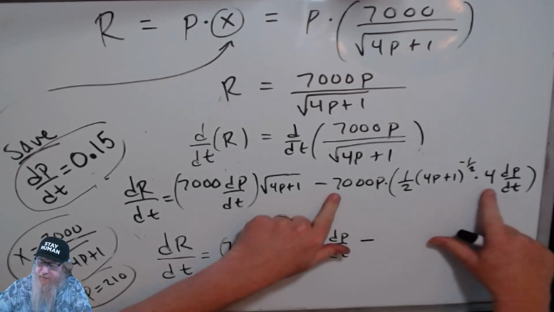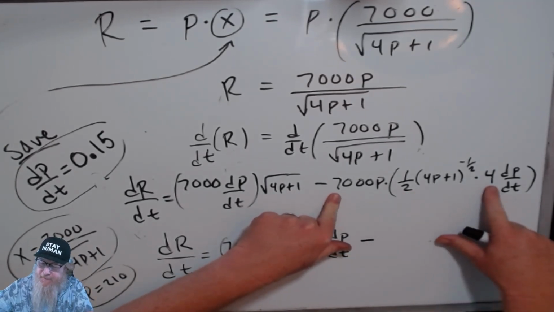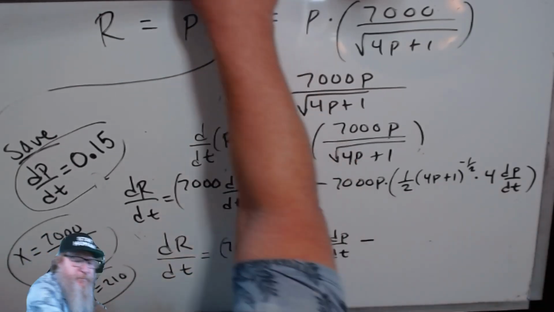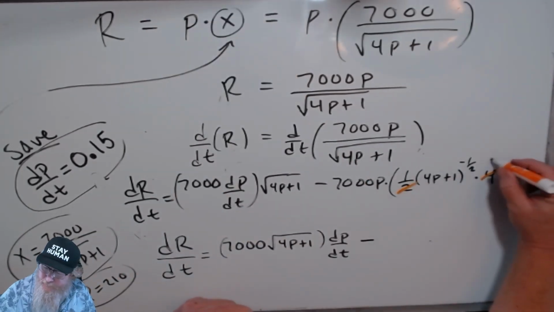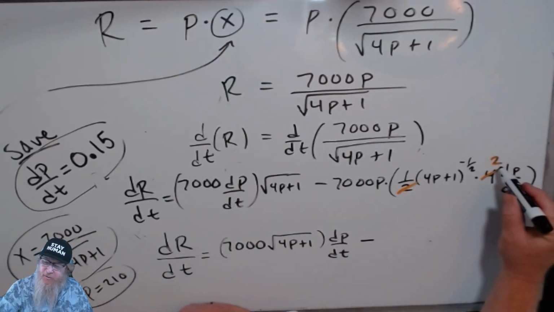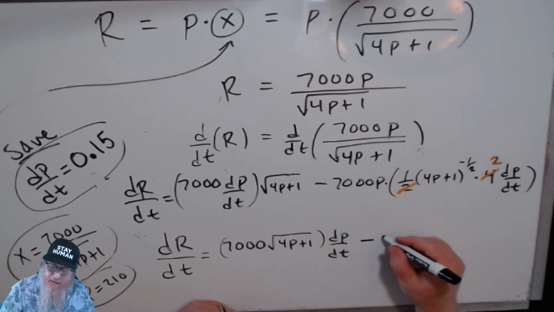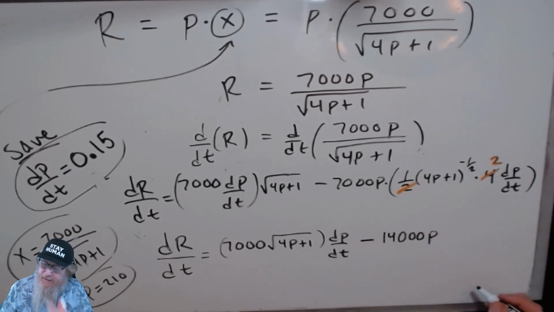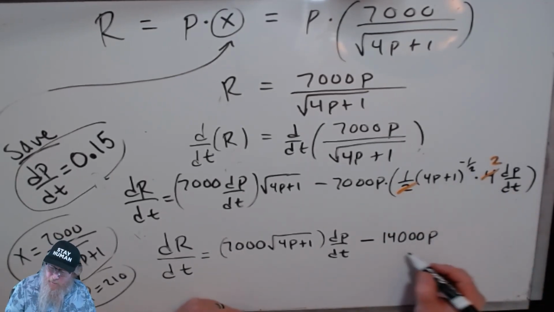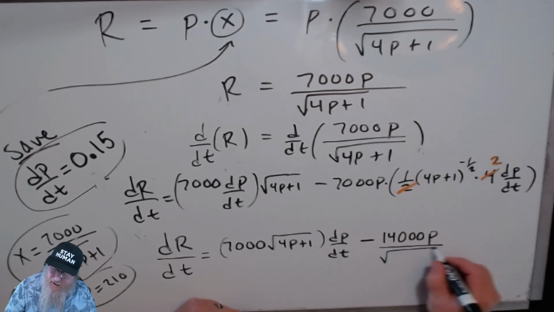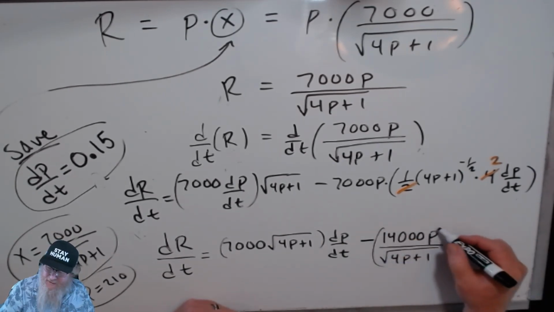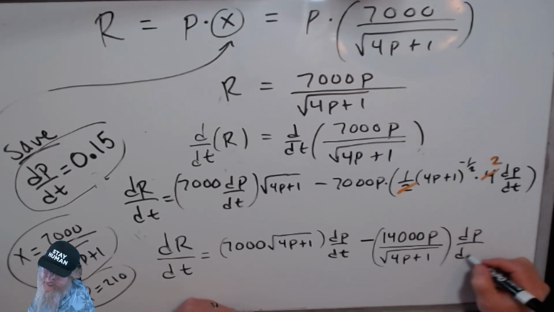Minus, let's clean this up a little bit. 1/2 and 4 simplifies to become 2. And then 2 times 7,000 will be 14,000p. And then I've got a negative 1/2, so I could send that down to the denominator and write it as a square root. And then put my dp/dt again on the outside.